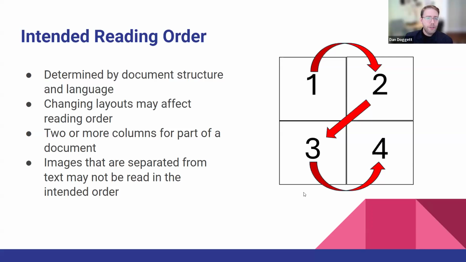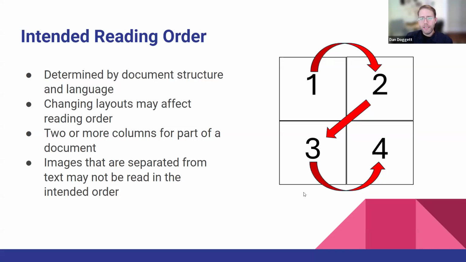So you want to determine that document structure and language, and then know that if you're adding in 2 columns, so for instance, I have a picture here, and I'm just going to describe this for folks. It's a 4 square grid with the numbers 1, 2, 3, and 4, and I have arrows signifying which way the content should be going.